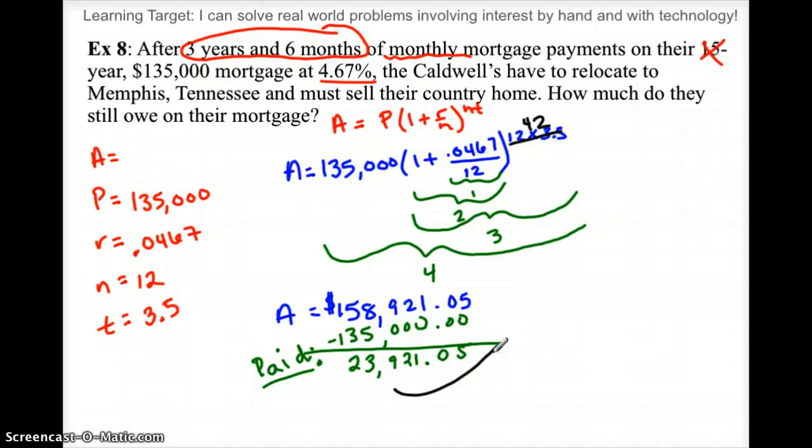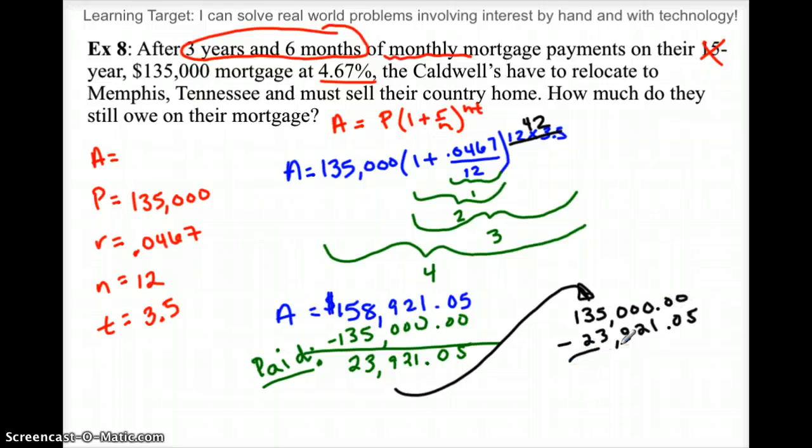So let me come over here now. I have to take the principal value, which was 135,000, the initial amount of my loan, minus the amount paid, 23,921.05. Okay, and figure out that difference.